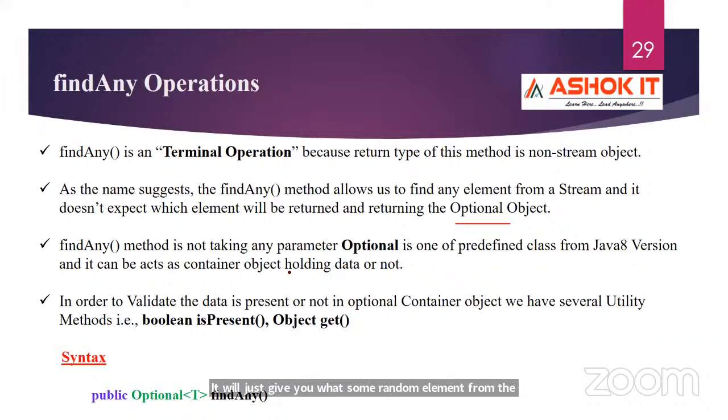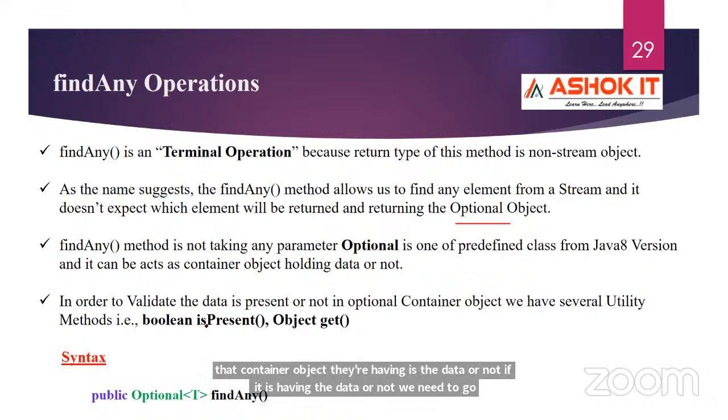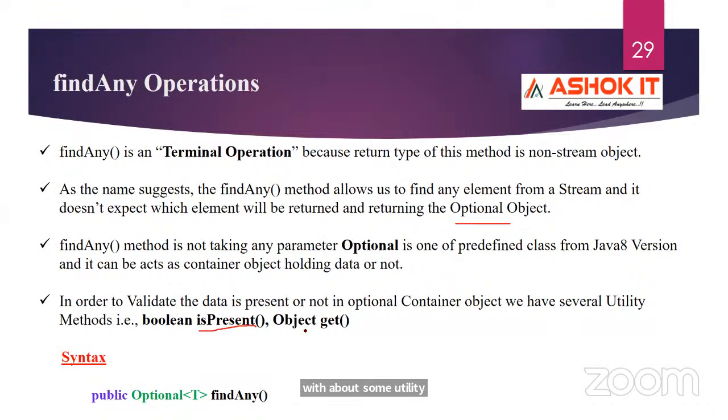Optional is one of the predefined classes from Java 8, which acts like a container object, whether it is holding the data or not. To check that, we use some utility methods: isPresent and get.